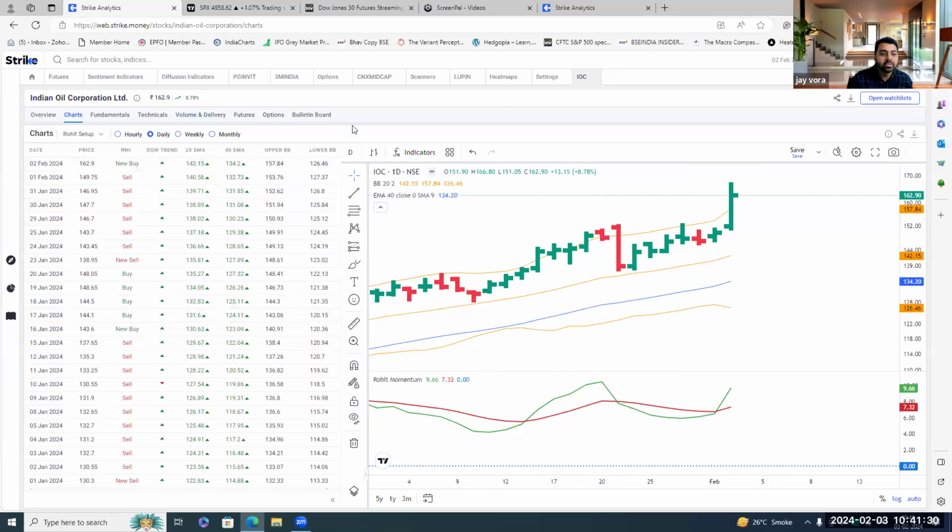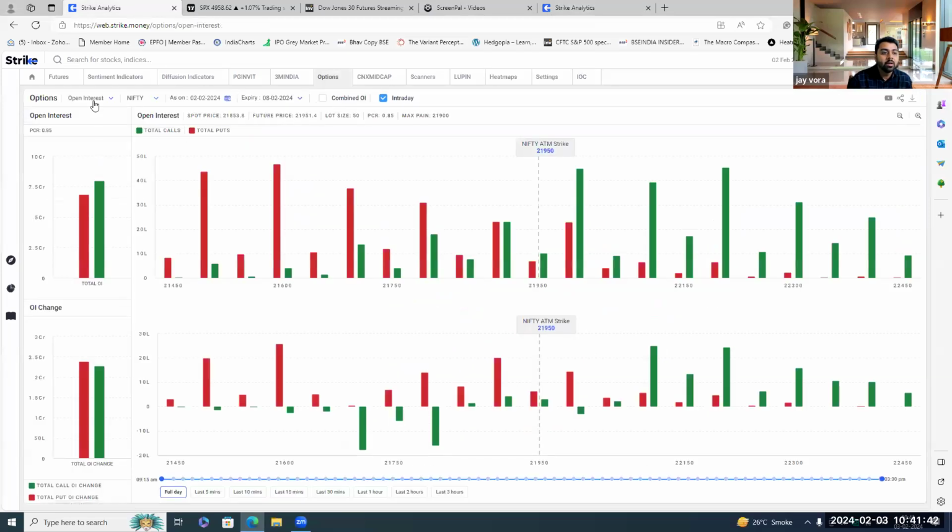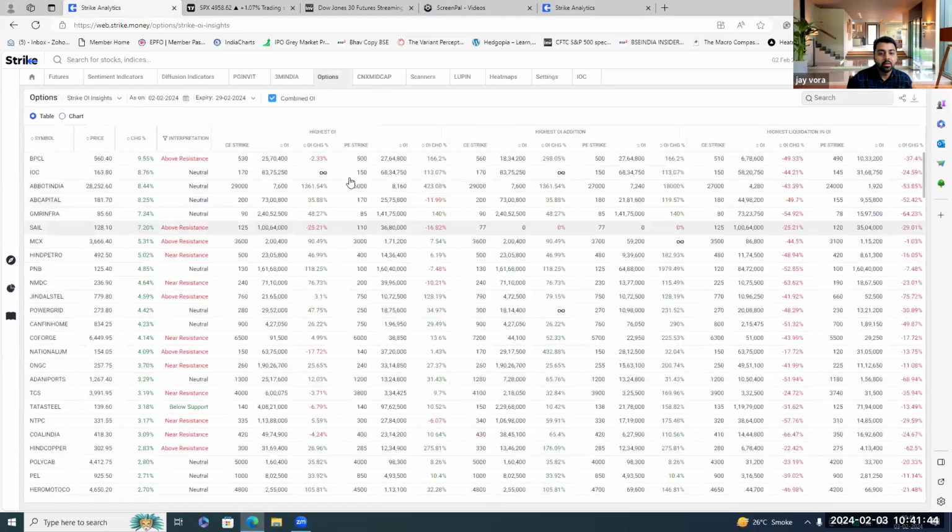Okay, so if say IOC, we saw it in neutral, right? And if the trend is up over here, so there is a good chance that possibly the stock will make an attempt to rise higher towards the upper end of the range. Okay.